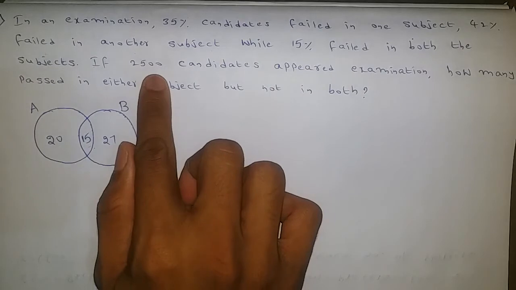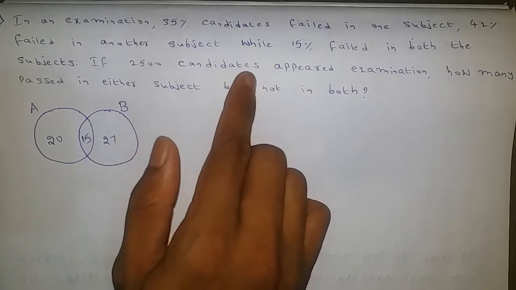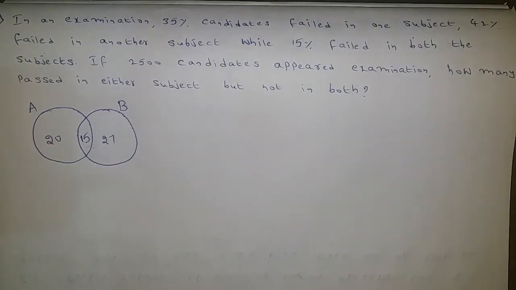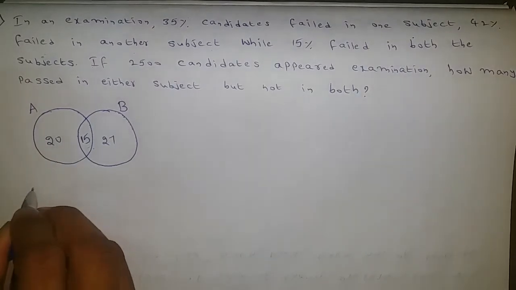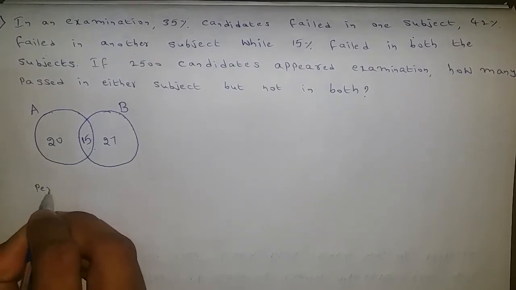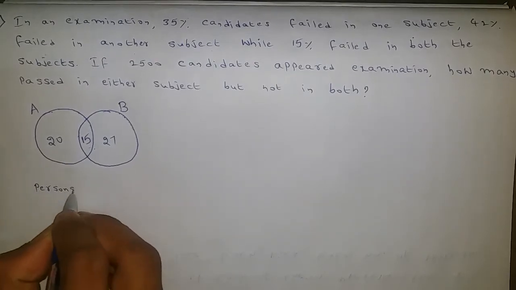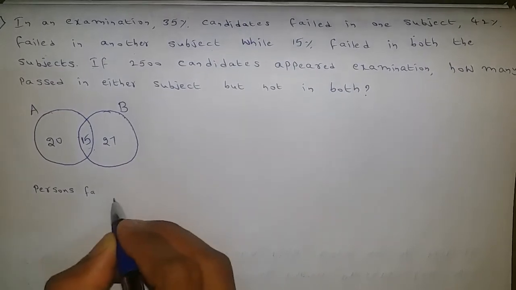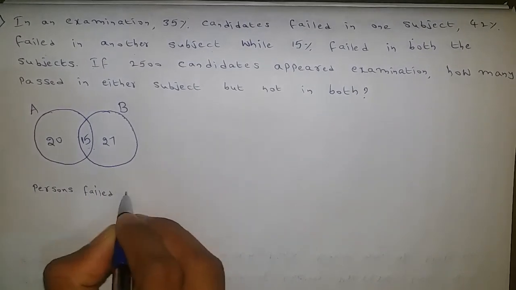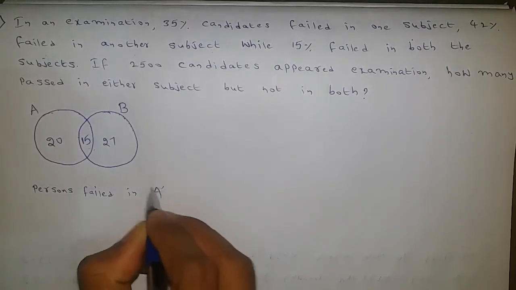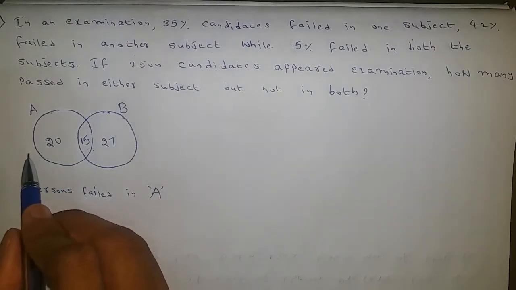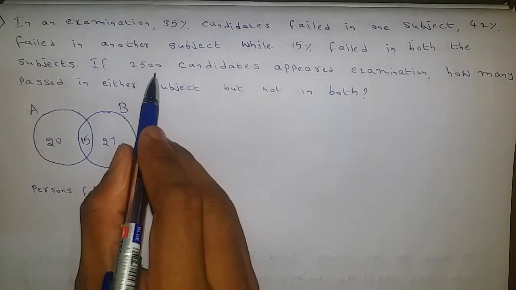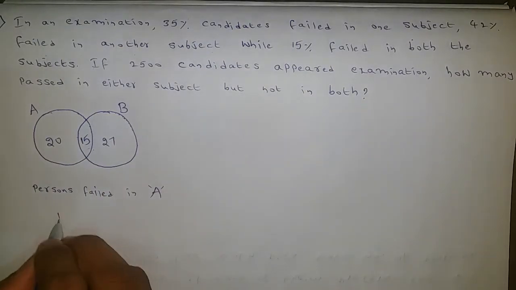He clearly mentioned 2500 candidates appeared. Now first let us find out how many persons failed only subject A. Here 20 percentage is given and total 2500 candidates are there.